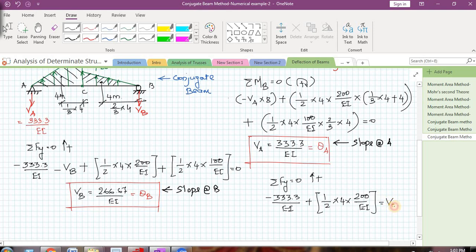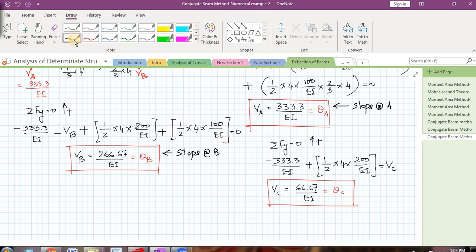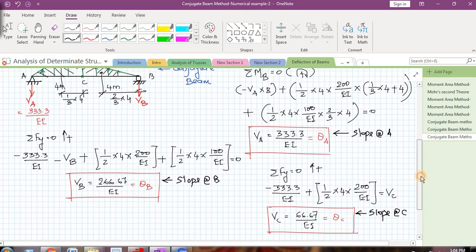This will give you the slope at C, which is coming out to be VC, that is the slope at C, equal to 66.67 by EI, which is nothing but the slope at C. So this is the slope at point C. We have found the slopes at A, B and C.